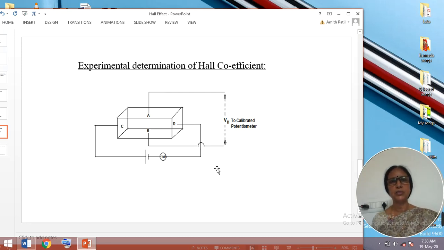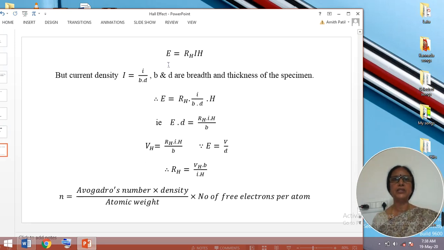Now consider the theoretical expression for Hall electric field, that is given as E is equal to RH into I into H. By definition, the current density is the amount of current flowing across the conductor per unit area in unit time.